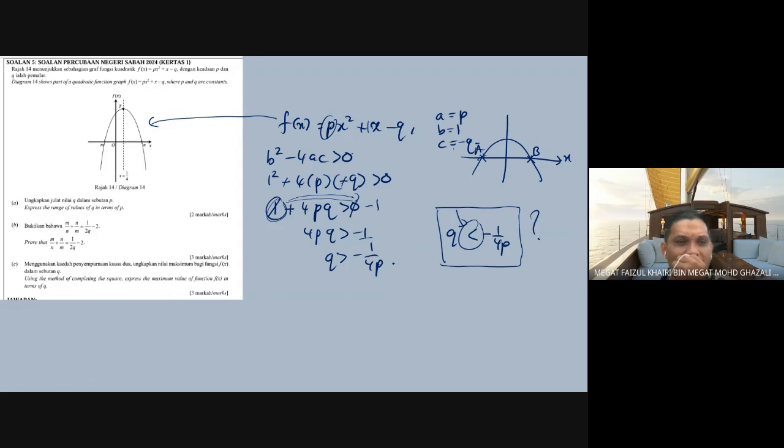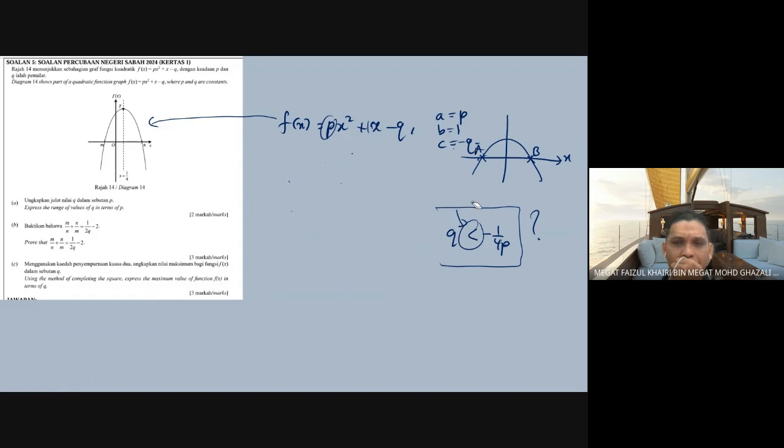Prove that 1 over m plus 1 over n equals 1 over 2q minus 2.